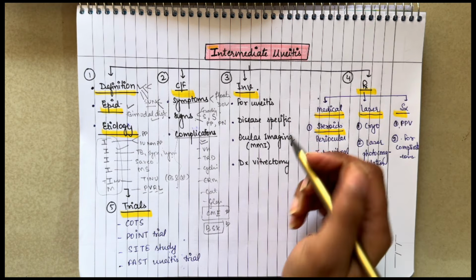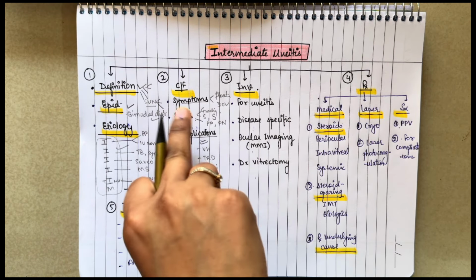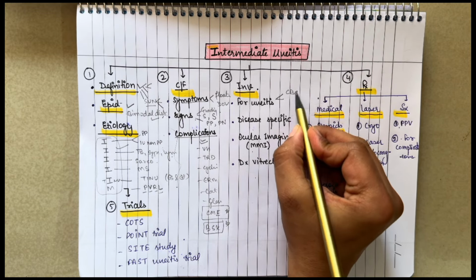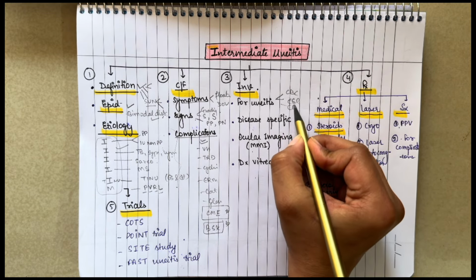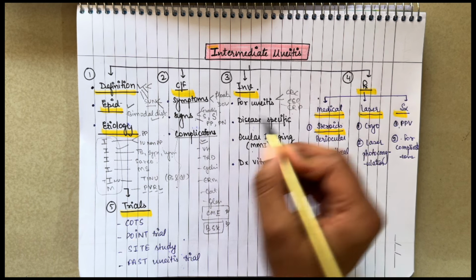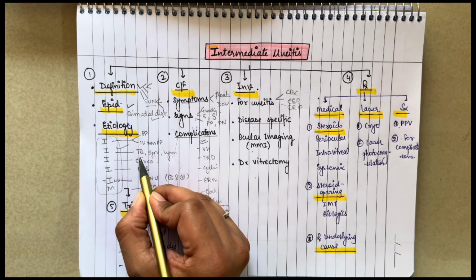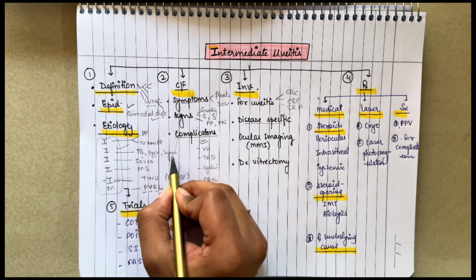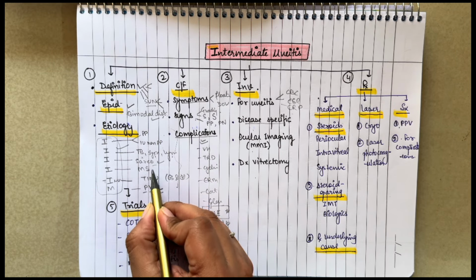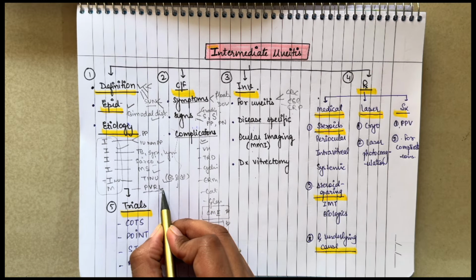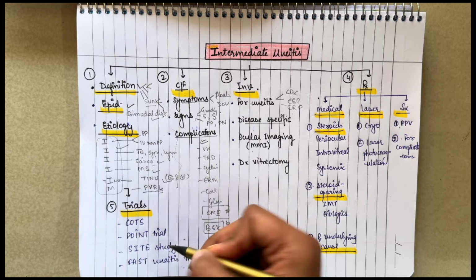For investigation, divided into this part, and if you know the etiology, you can just write the investigations. For uveitis, go for CBC, ESR, CRP. For disease specific, for TB mention Mantoux, chest x-ray, QuantiFERON TB; for syphilis, antibody serology; Lyme serology; sarcoidosis tests; MRI for MS; beta 2 microglobulin; and for malignancy, you go for diagnostic vitrectomy.